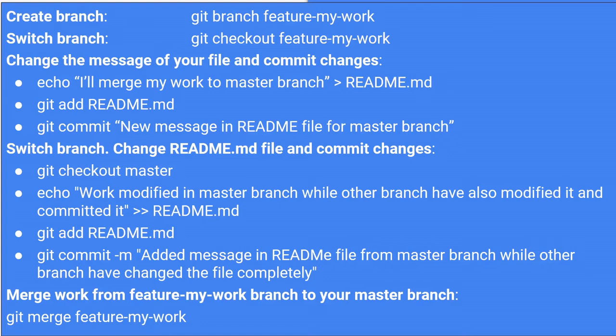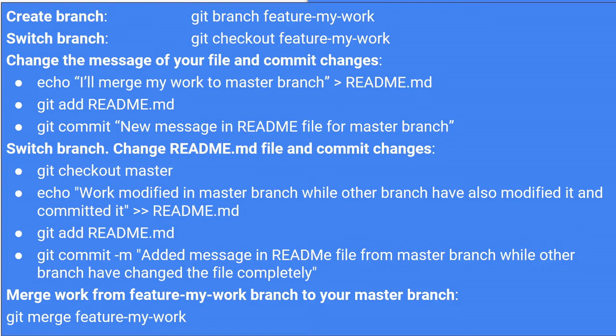So we put a message into the README, we do a git add, git commit in that branch. After we switch back to the master branch, so we come back. We change the README also in that master branch, and we do a commit. And normally this is how you can create a conflict and see the error and see how you're going to be able to fix it.